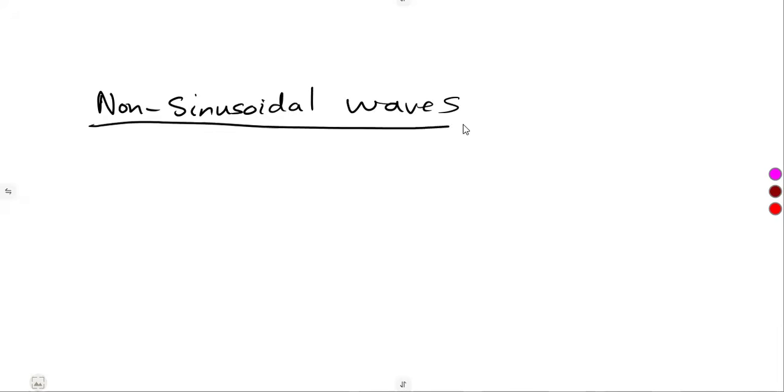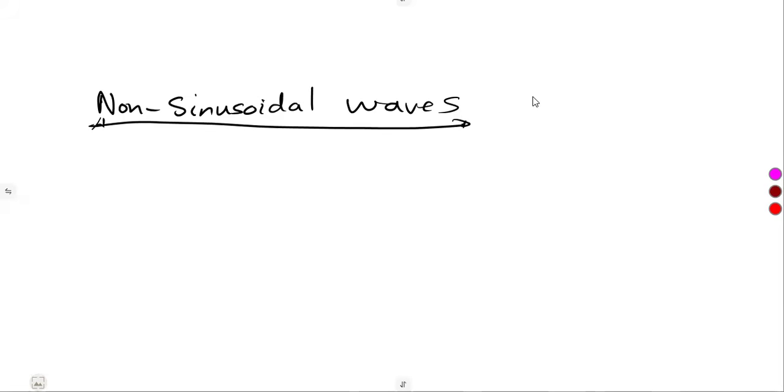So let's now consider a non-sinusoidal waveform, such as a rectangular wave. These are the ones that we can consider.